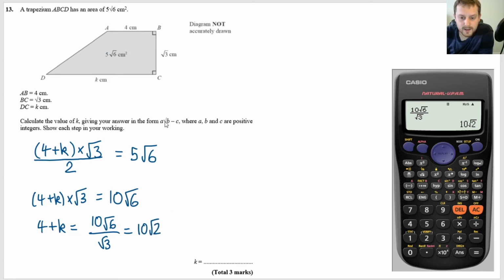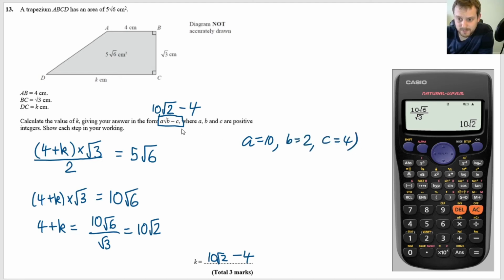So k is 10 root 2 minus 4. Do you see how that's this format here? It's 10 root 2 minus 4. So I guess A is 10, B was 2 in this question, and C was 4.